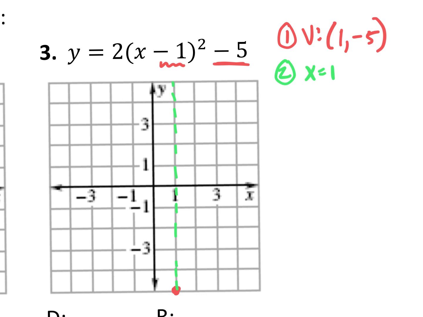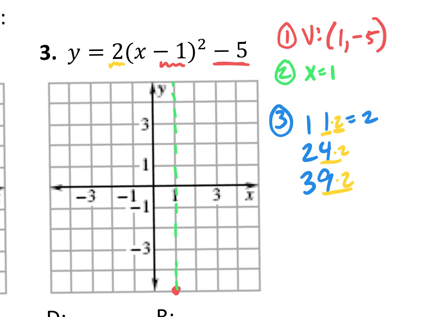And now we want some coordinates using the pattern 1, 1, 2, 4, 3, 9. However, we're going to modify it by this new a value of 2. So the output 1, multiply it by 2, and the output 4, multiply it by 2, the output 9, multiply it by 2, giving you your new outputs. So that's 2, that's 8, that is 18.